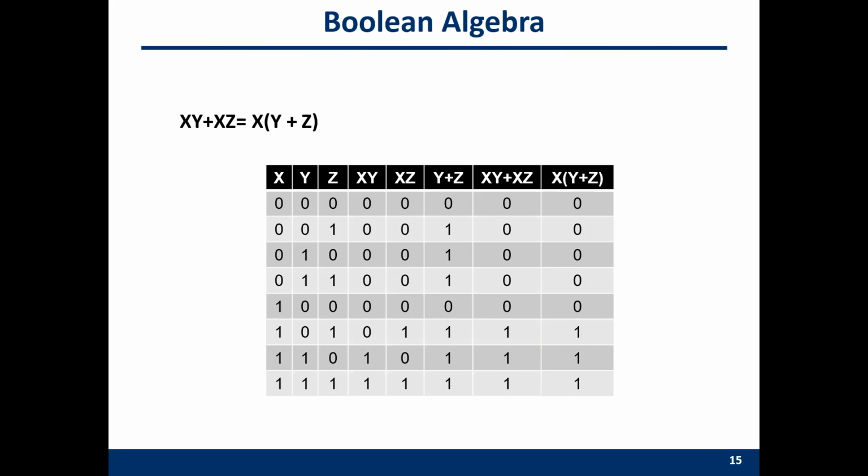And based on the values in the first 3 columns, we can write the value of the intermediate variables and then calculate the final output of the left part and the right part. And then we can see that the last 2 columns are exactly the same. So in this way, we can prove this law.